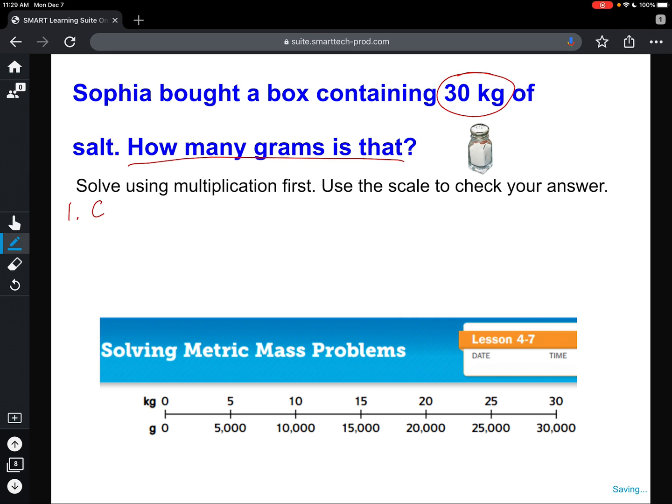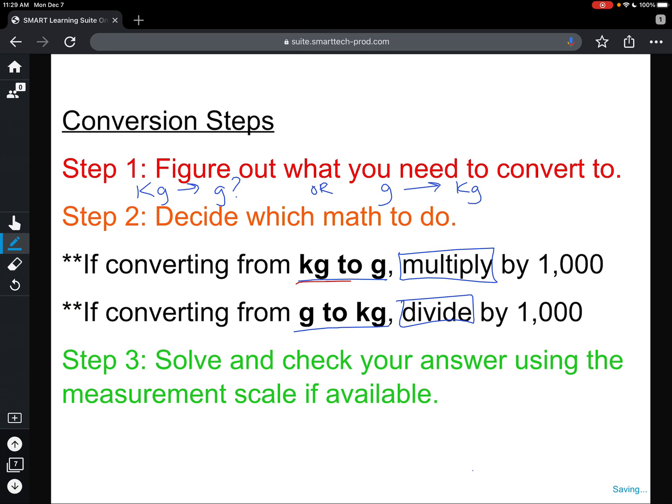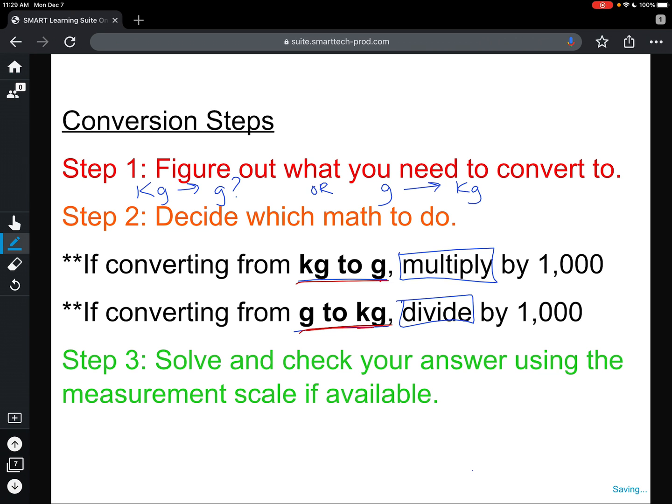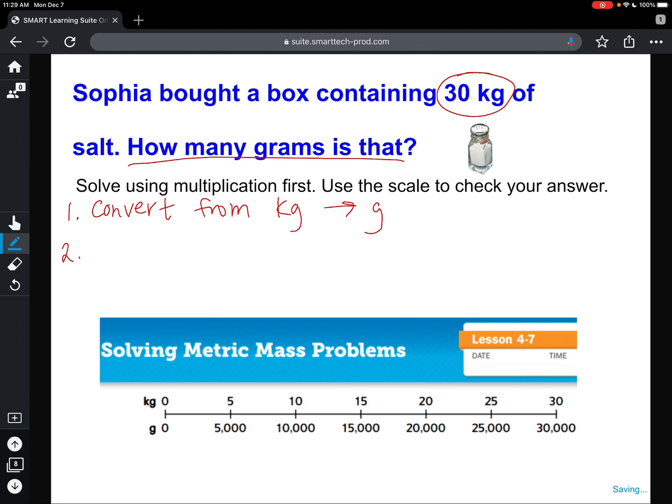Step 1, we're converting from kilograms to grams. Step number 2, I have to figure out what math I'm going to do. So since we're converting from kilograms to grams, I'm going to multiply by 1,000.